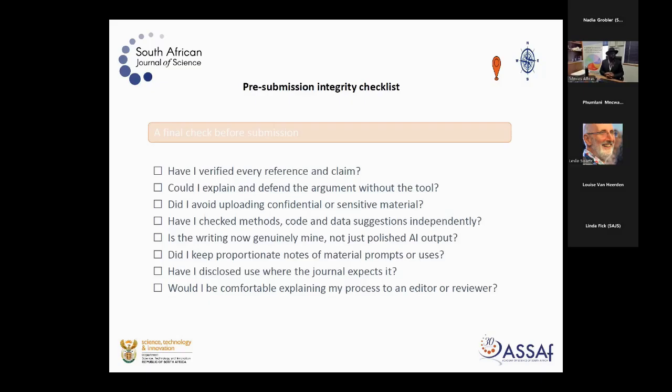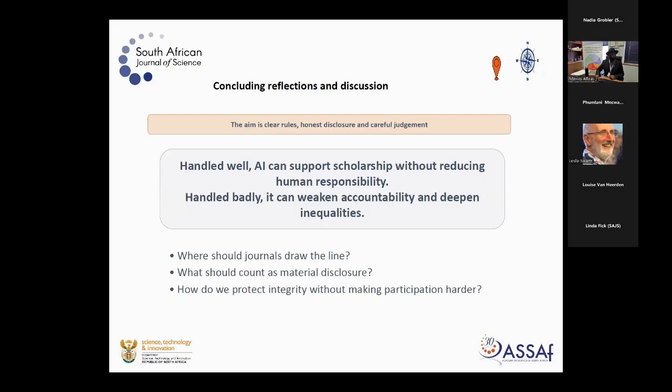Is the writing now genuinely mine, and not just polished AI output? Did I keep proportionate notes of material prompts, because this might be needed by a journal? Have I disclosed the use where the journal expects? And would I be comfortable explaining my process to an editor or a reviewer? Those are some of the checklists that you need to check for yourself.